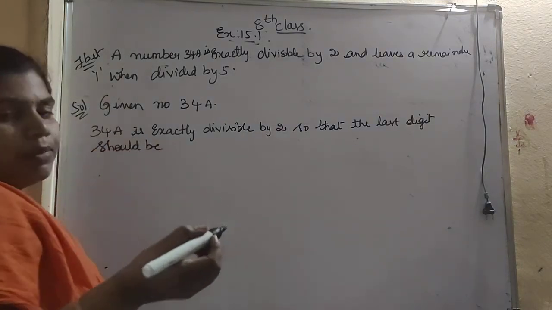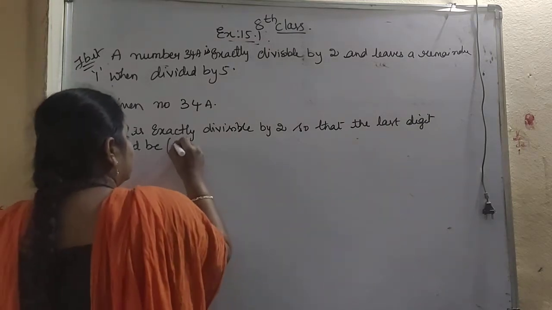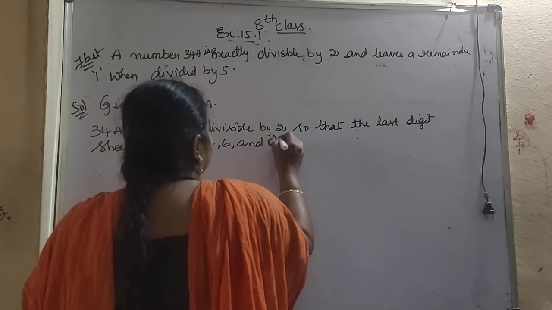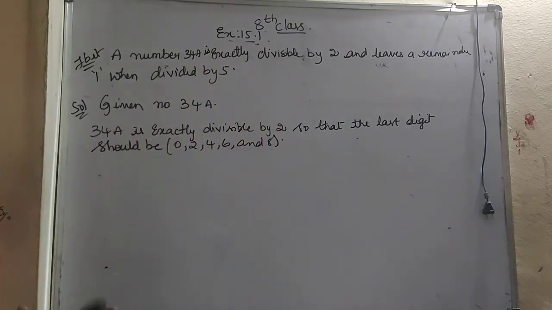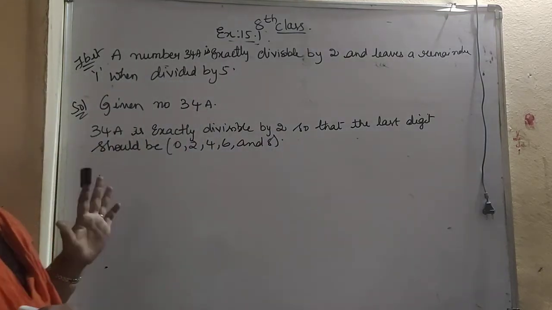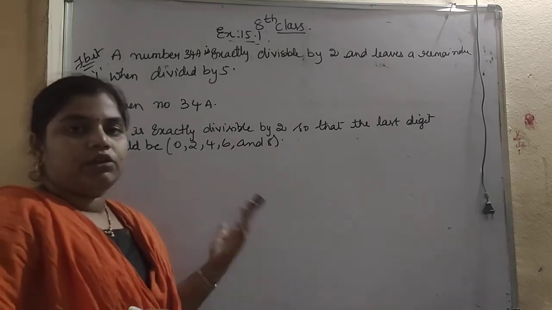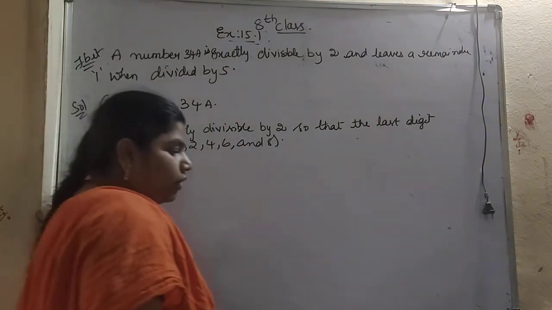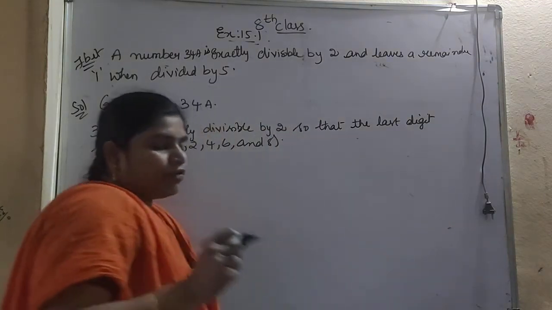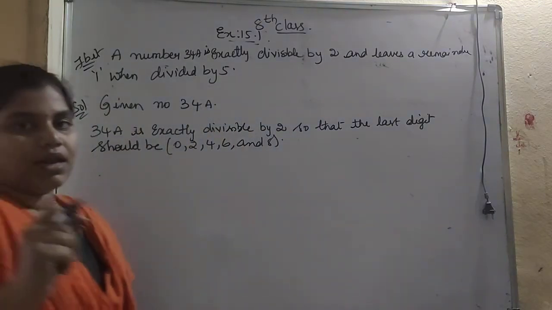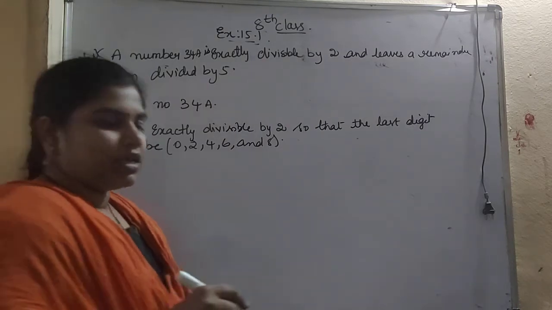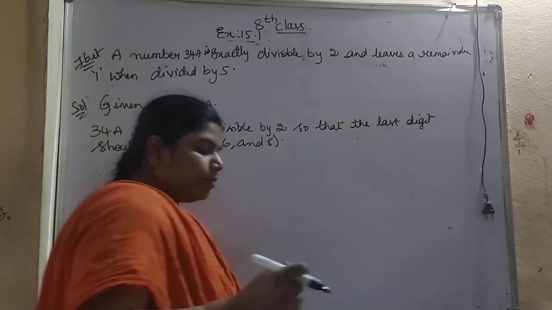If it is divisible by 2, the last digit should be among these numbers only. And they told us that when it is divided by 5 it leaves the remainder 1. So we will check one by one now.